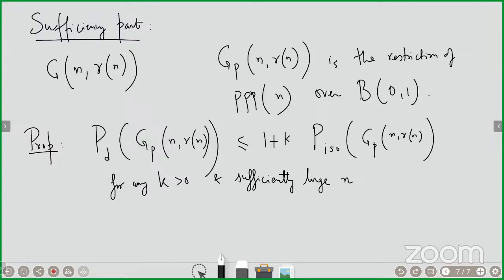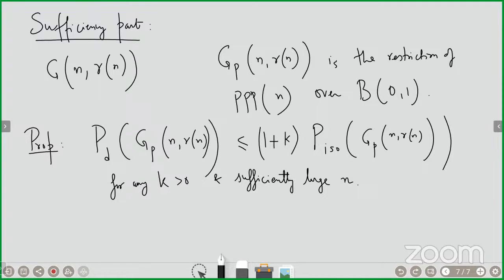What this is saying is that the fact that you find somebody disconnected is more or less similar to finding them isolated, up to a small fudge. If n is large enough, you can choose any kappa you like, and this relationship holds.